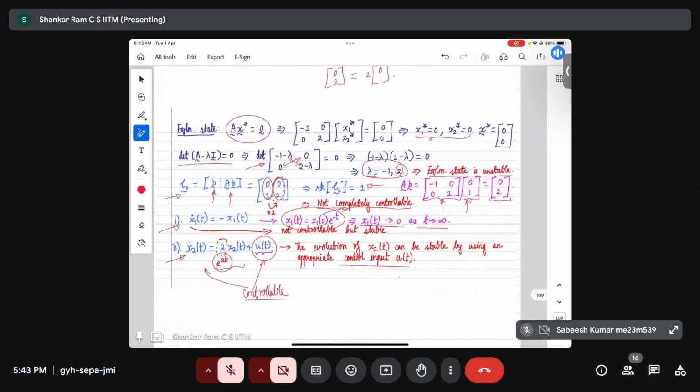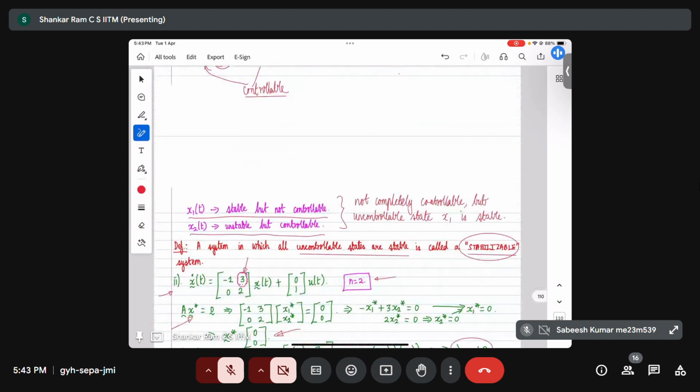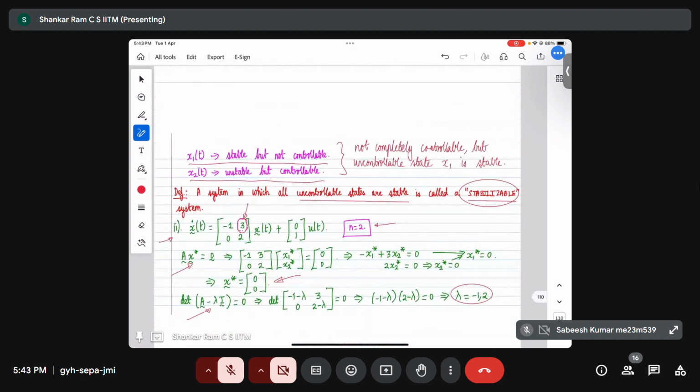In a coupled realization, you can control all the states even if U of T explicitly appears only in a few state equations, because the dynamics of the states are coupled. I wanted to give that intuitive feel for it. That is the motivation behind choosing the simple second order equation.